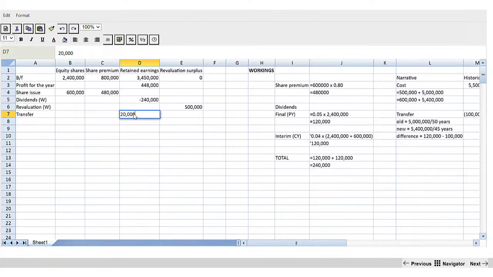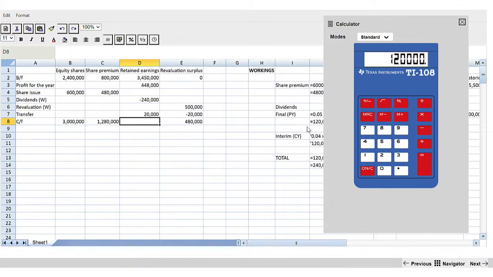So 20,000 goes to the retained earnings. 20,000 is, careful, transferred out of the revaluation surplus. And then your carry forward figures, you can just go through there and add them down. Boom, boom, boom. There we go. Oh, that's a tough one, isn't it?